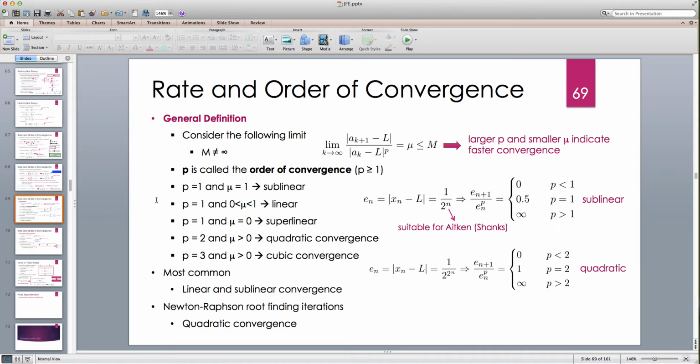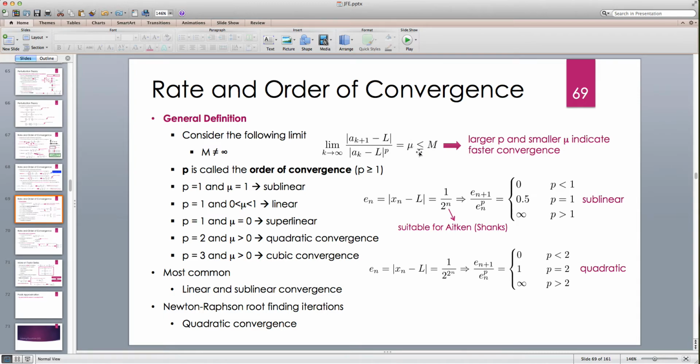Now we can formally define the order of convergence as this limit when we take the absolute value of ak plus 1 minus l divided by ak minus l to some power p as k goes to infinity. If this limit exists and is a finite number, we call it mu, so it's greater than or equal to 0 and less than infinity.